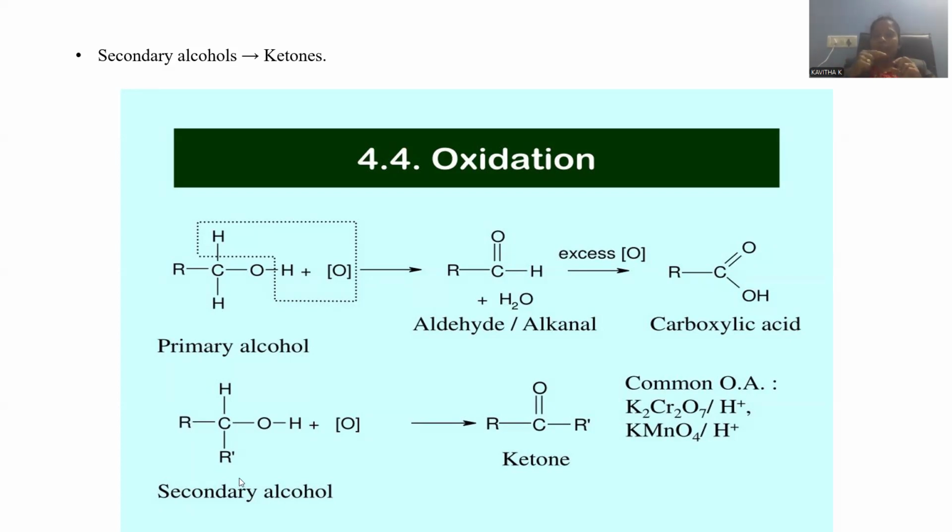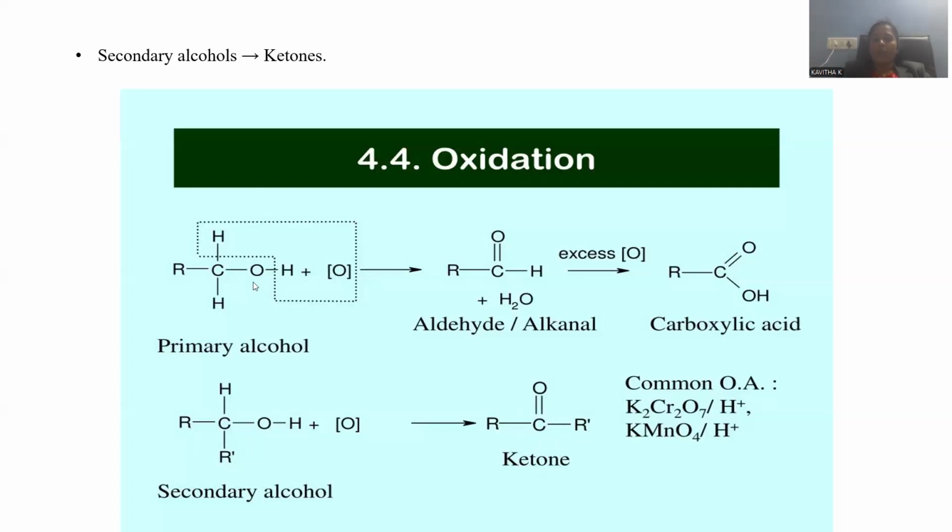Here, primary alcohol gives rise to aldehyde and correspondingly carboxylic acid, which we already discussed. Secondary alcohol, upon reacting with K2Cr2O7 under acidic conditions, gives a ketone. Ketone is a partially oxidized one. Higher oxidation may not be possible, because on both sides we have alkyl groups and no hydrogen resides on the carbon.